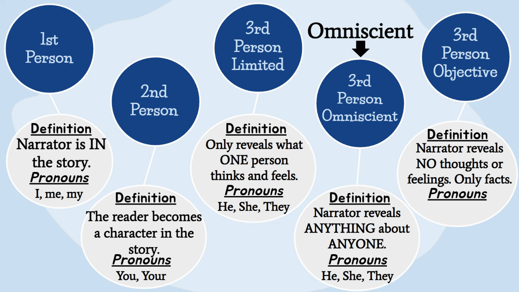It's only the facts. That's how you think about objective, or almost like objection in a courtroom. There are no feelings, no thoughts. You're just giving me the facts. Like in a history textbook, George Washington crossed the Delaware. But again, the pronouns are he, she, and they.